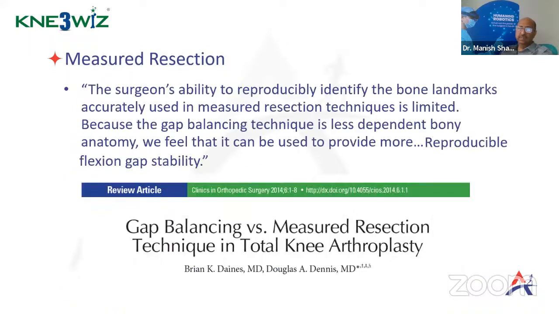The surgeon's ability to reproducibly identify the bone landmarks accurately used in measured dissection techniques is limited. Because the gap balancing technique is less dependent on bony anatomy, we feel it can be used to provide a more reproducible flexion gap stability.